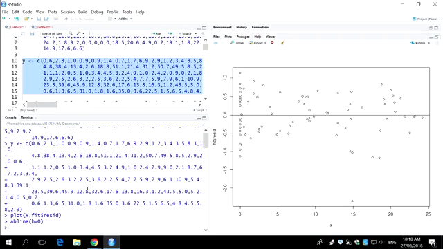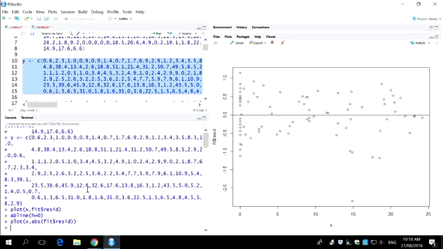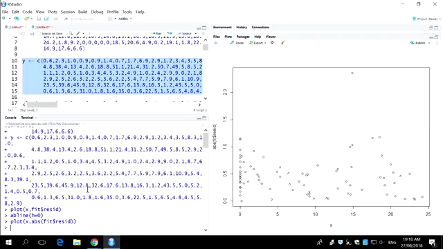So the next plot I typically produce is an absolute residual plot. So first plot's just a regular residual plot, second plot, an absolute residual plot, so I go plot X, absolute value of fit dollars resid. So this is my absolute residual plot, and then I'll typically go lines lowess of X, absolute value of fit dollars resid.